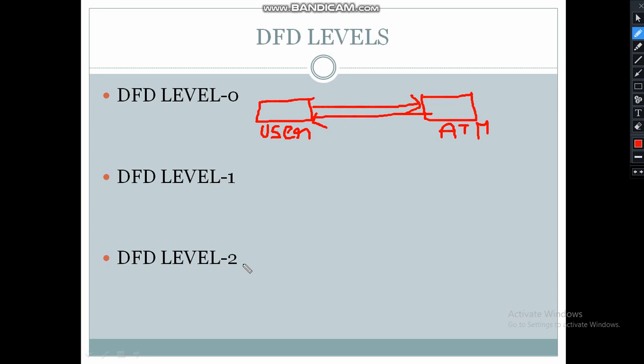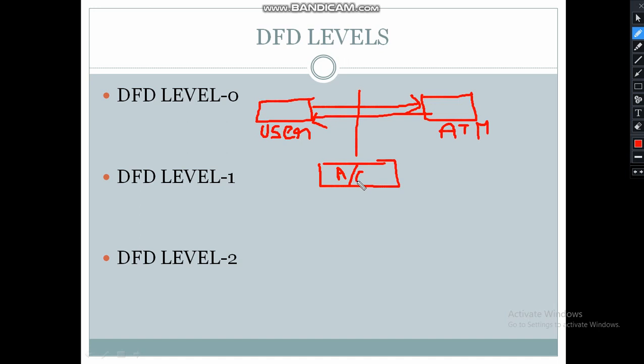That means sub components are also included in DFD level 2. For example, the user and the ATM both perform the action by using account details. The account is another interface, a sub interface in the ATM system.